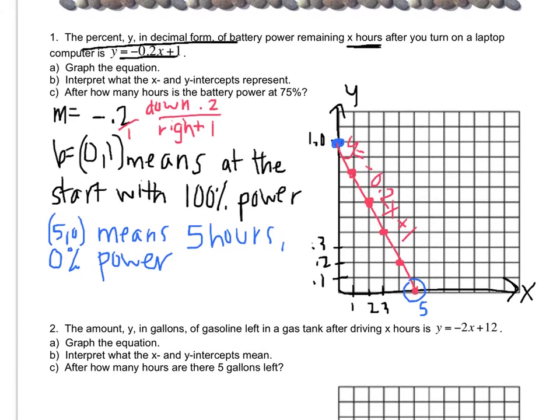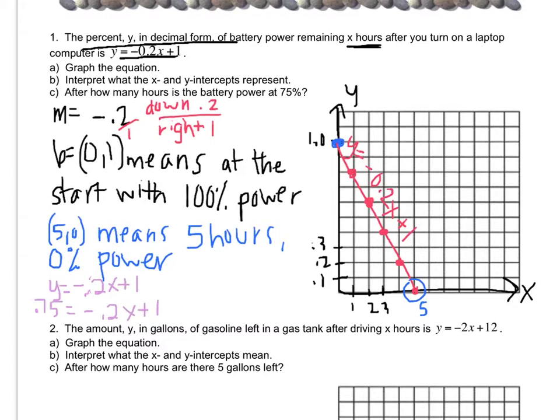Last thing is, at how many hours is the battery power at 75%? Well, I want to actually use the formula in this case. Which letter represents power, x or y? It's represented by y. So I'm going to use my formula, and instead of y equals negative 0.2x plus 1, I'm going to plug in 0.75 because 0.75 is the decimal version of 75%.